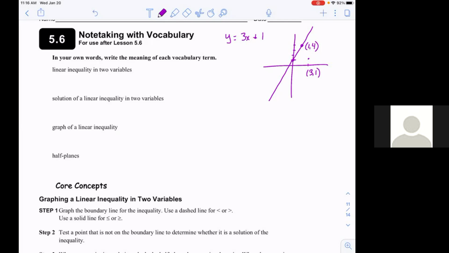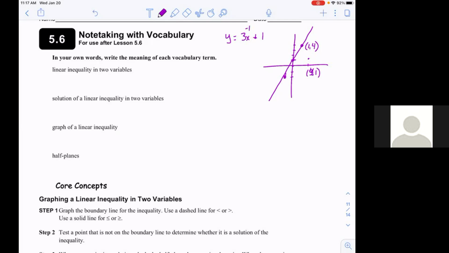Versus if we come over here and we graphed 4, 1 instead. So I put a 4 in for x. 3 times 4 is 12, plus 1 more is 13. 13 does not equal 1, so therefore this was not true. So when I graphed a line, I was graphing all the points that made that one particular equation true. If I take this point down here, if we went down 3 and left 1, that's -1, -2.